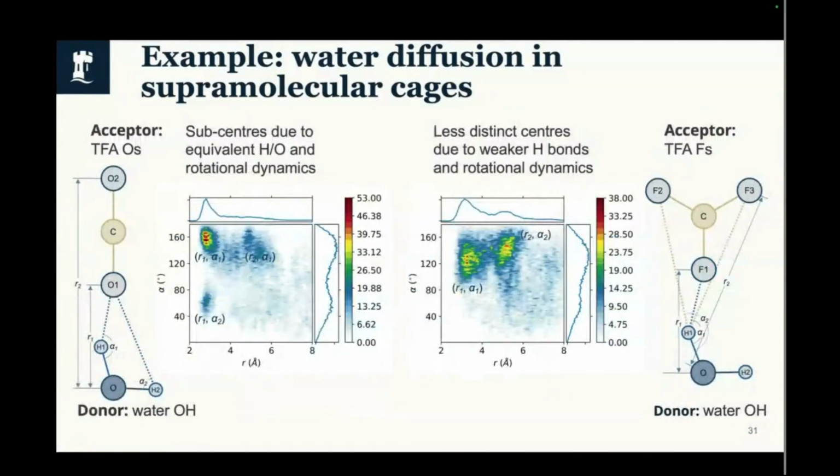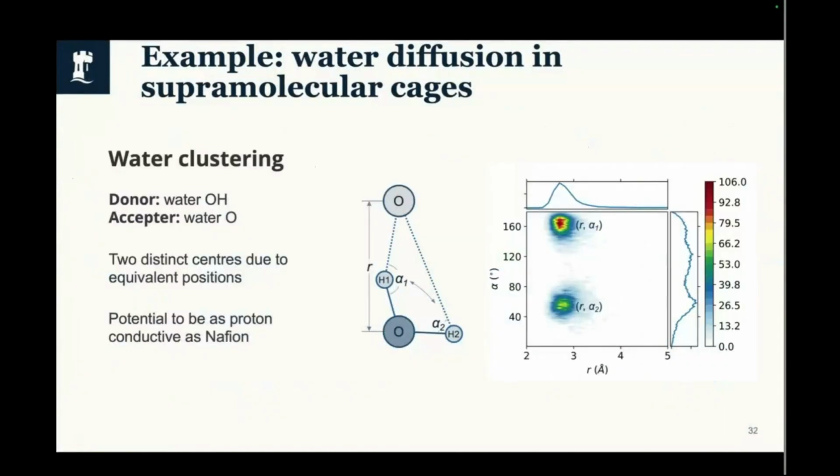Basically, there are different functional groups, and we also found an interesting thing: the water can cluster inside the supramolecular cage, forming this twin-peak combined distribution function. This is an interesting discovery because for highly proton conductive materials such as naphthalene, the water diffusion actually relies on the clustering inside these materials.